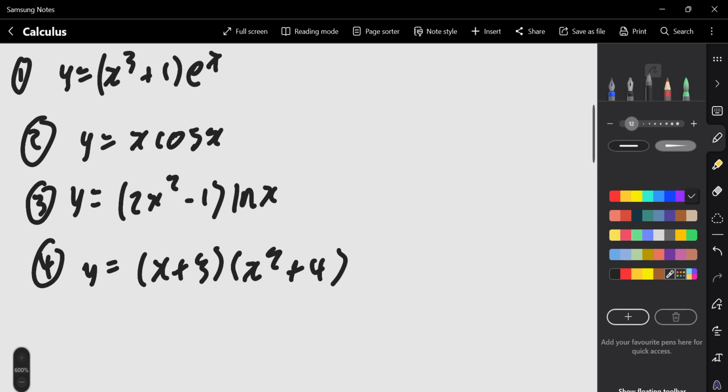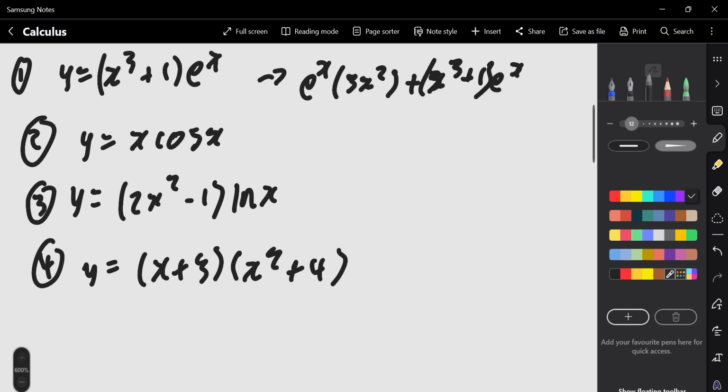Let's do it. u equals x cubed plus 1. So I'm not going to write it out this time. The formula is v times u prime. So we're going to have e to the x, lots of, well, differentiate, 3x squared, plus u v prime. So just the original function. So x cubed plus 1, e to the x.